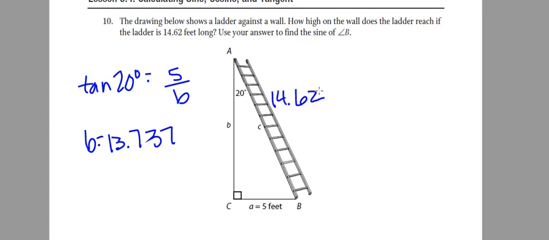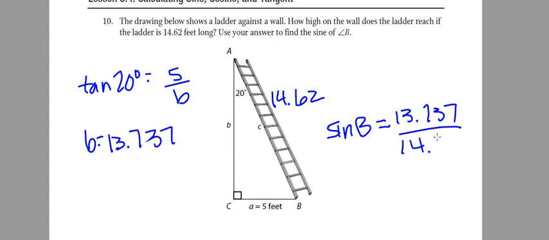Then the last thing I had to do was find the sine of B. So the sine of B is going to be the opposite, which I already figured out, 13.737, over the hypotenuse, which is 14.62. So the sine of B ends up being about 0.94.